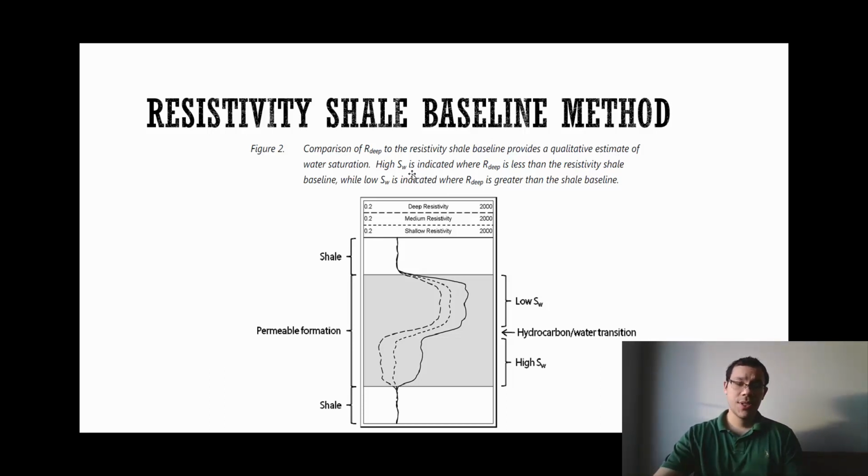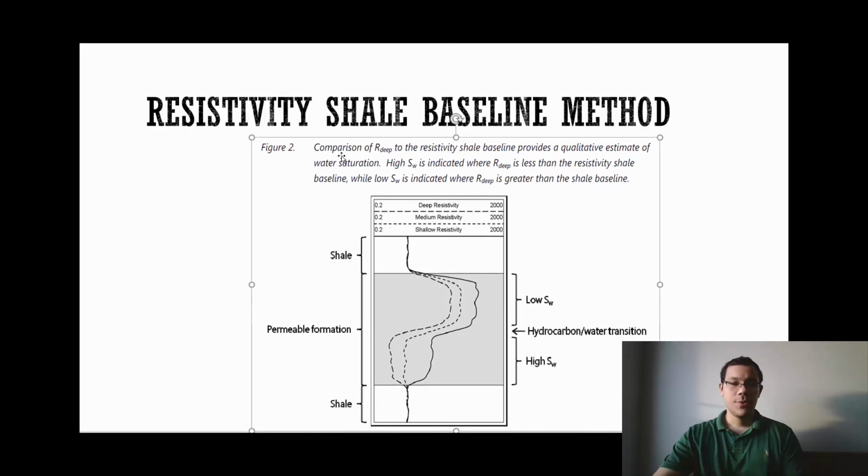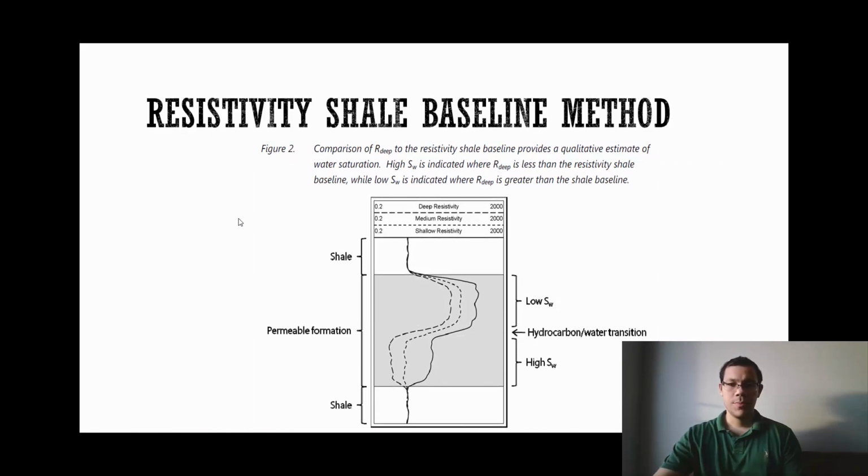High water saturation is indicated where your deep resistivity is less than the resistivity shale baseline, while low water saturation is indicated where your deep resistivity is greater than the shale baseline.